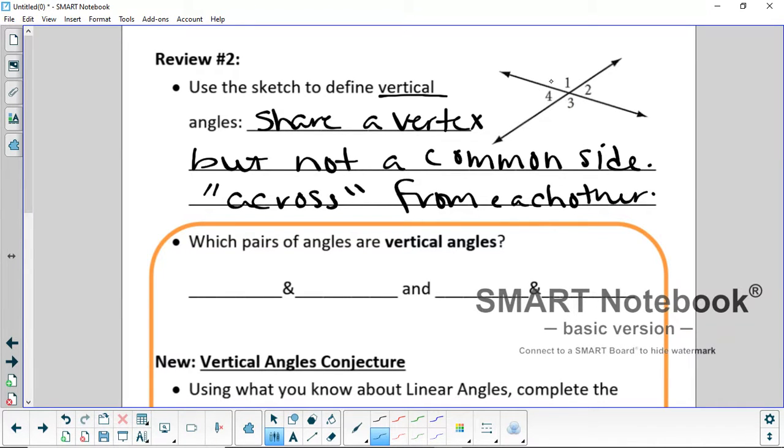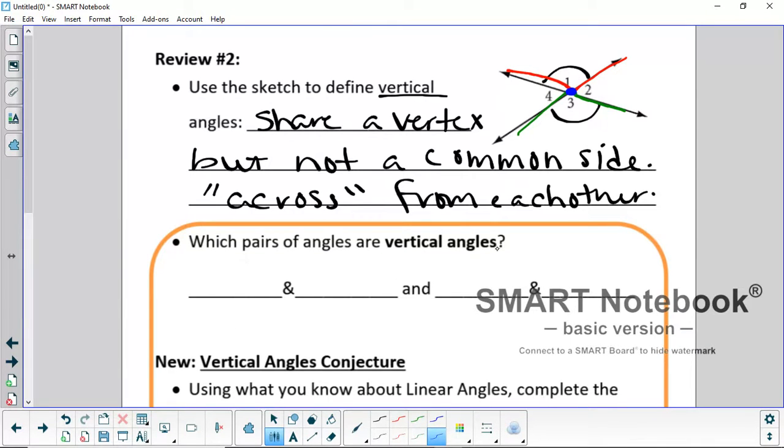So in this example, angle 1 and angle 3 would be an example of vertical angles. Here you can see angle 1 and angle 3. They both come together at that same vertex right there in blue, but none of their sides, the red or the green sides, are overlapping each other, and they are across from each other.